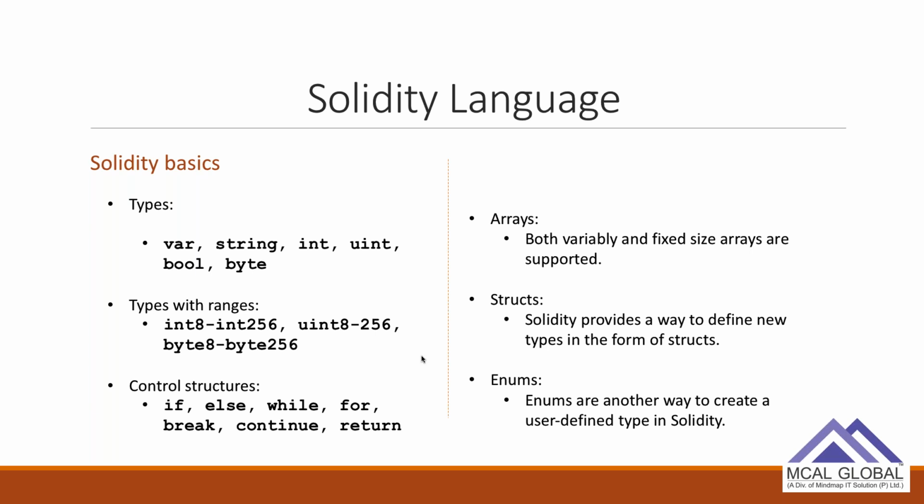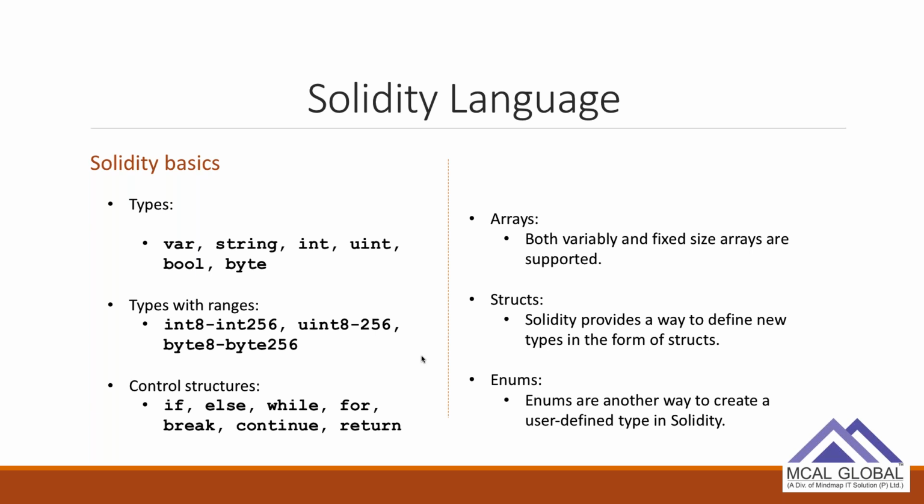The data storage utilized on every block is directly proportional to the electricity utilized for mining that block. So to use data types precisely, we have these range types. For integers, you can create an integer of 8 bits up to 256 bits based on your requirements. Similarly for unsigned integers, and again for bytes.